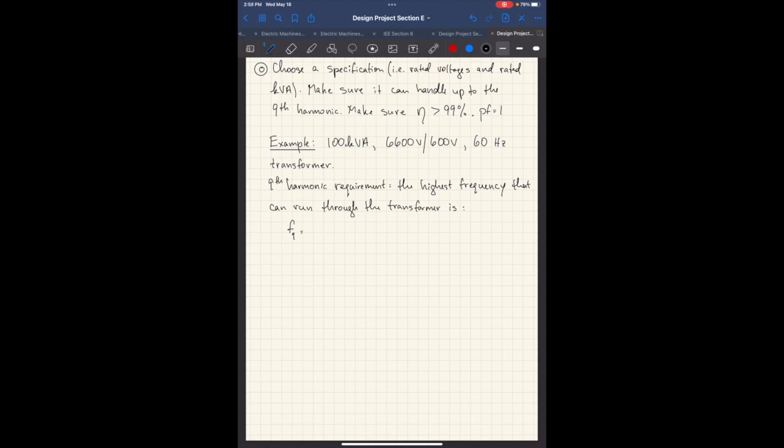It turns out that harmonics are integer multiples of the fundamental frequency. Your fundamental frequency, I'm going to call that f1. The 9th harmonic is going to be 9 times f1, so it's an integer multiple of the fundamental frequency.